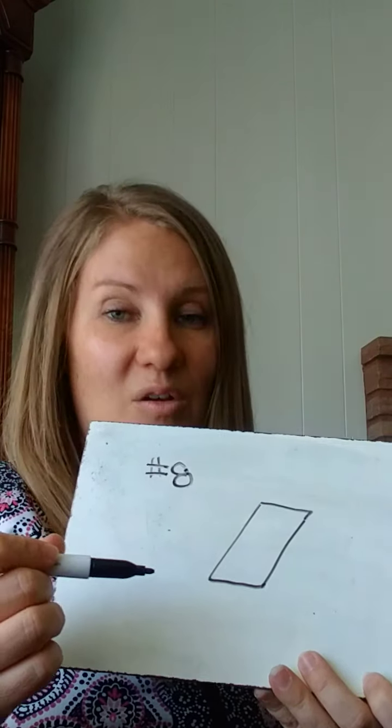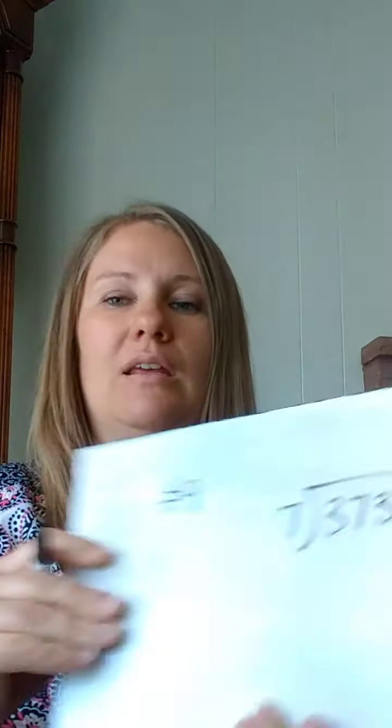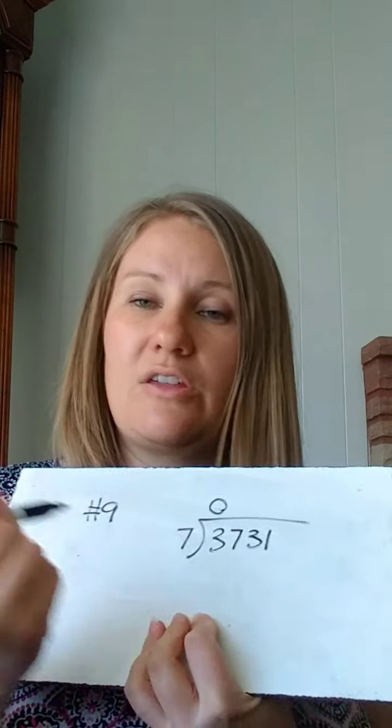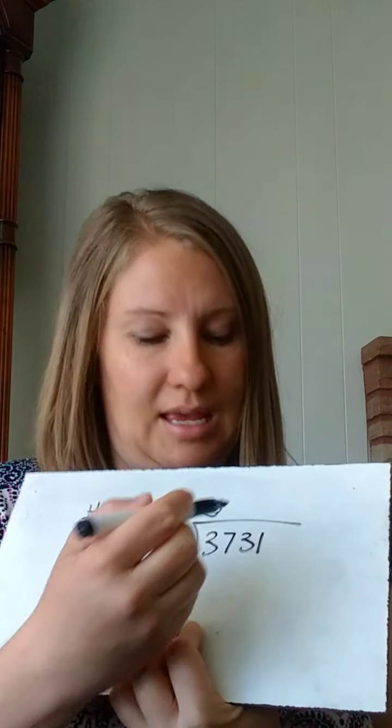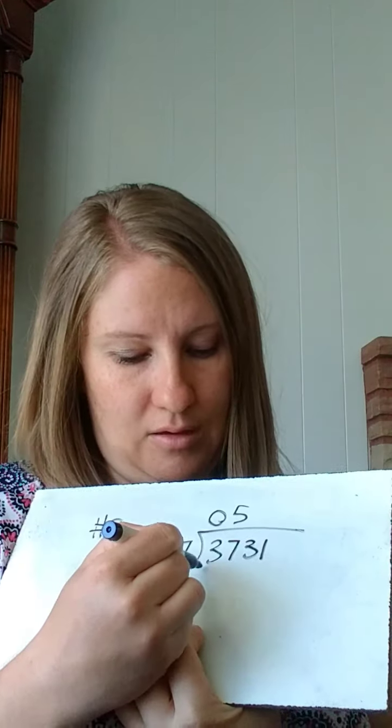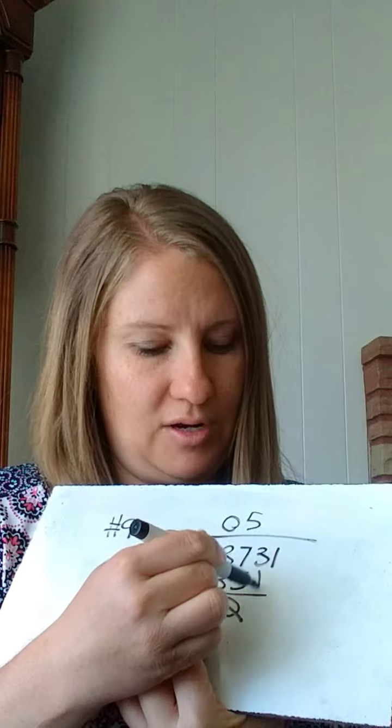Number 9 is 3,731 divided by 7. Okay, so I know 7 can't go into 3, so I can put a 0 there. 7 into 37 is 5. 7 times 5 is 35. So I'll subtract, and I have 2 left, and bring down my 3.